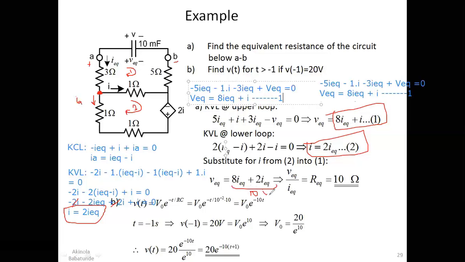All right. So then you can easily say that your V over I will be equal to 10. Your V equivalent over I equivalent will be equal to R equivalent, which we have been asked to look for in the A part, and that would be equal to 10 ohms. Okay, so this is how to find the R equivalent for this kind of circuit where we are not entirely sure what is going on.